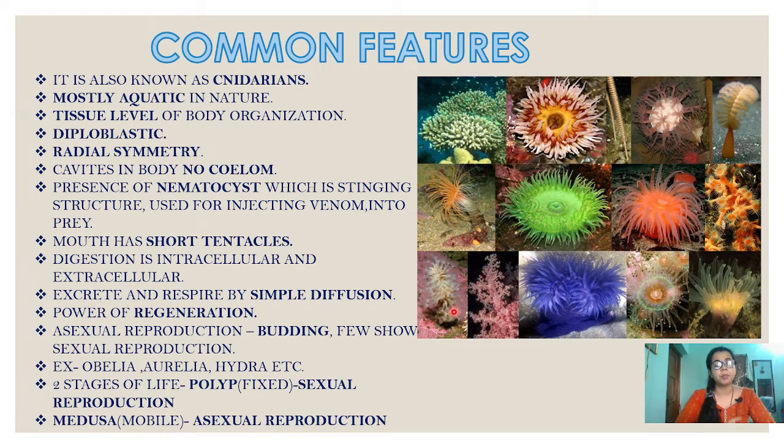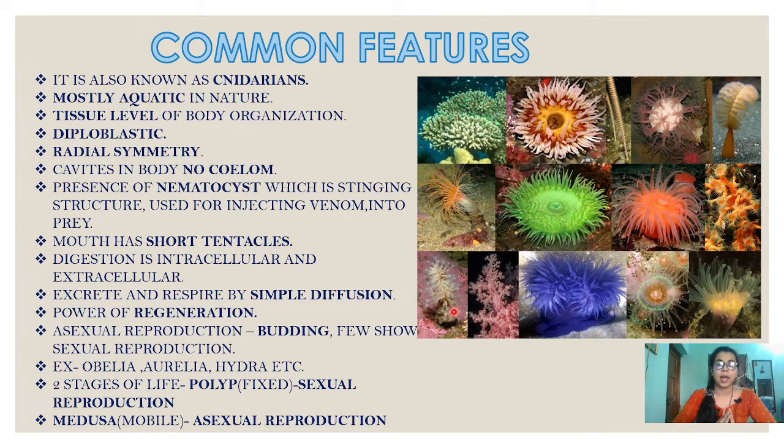What are the examples of coelenterates? They are mainly Obelia, Aurelia, which is known as jellyfish, and Hydra. Many other examples are also present, we will discuss them further, but these are the three common examples of phylum Coelenterata. One important thing about this phylum is that they undergo their life cycle in two stages.